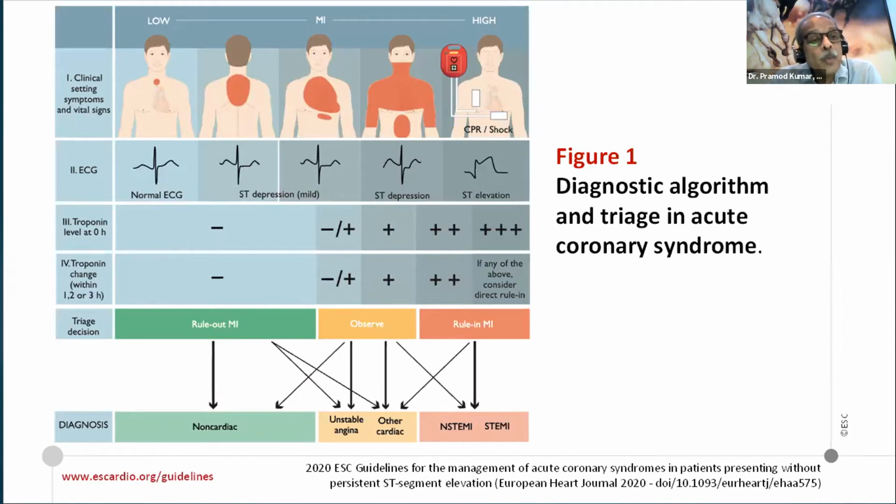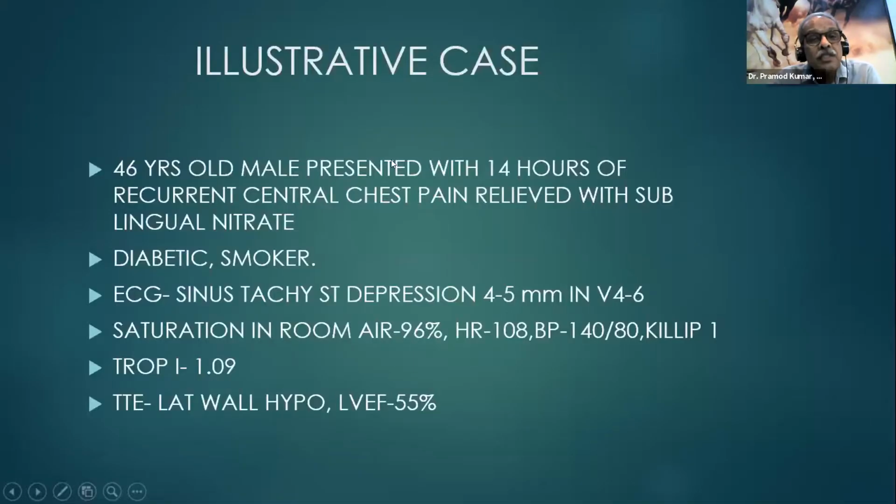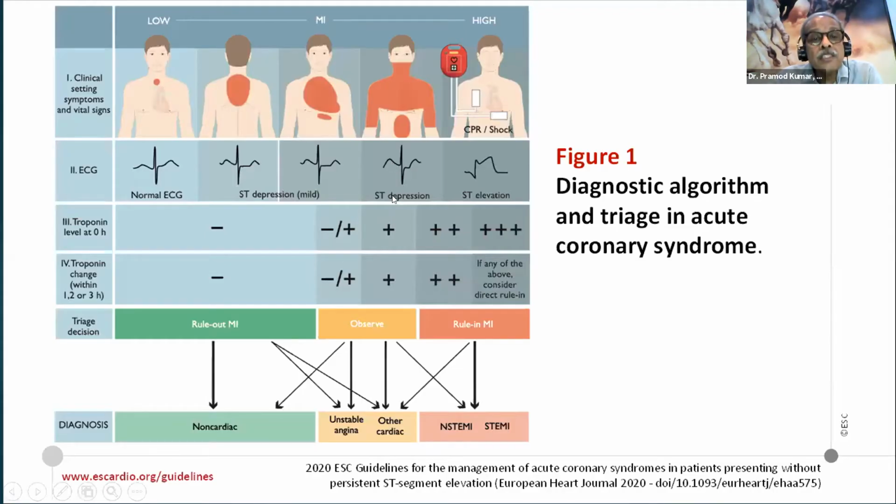You have to do it at the time of presentation, which we call the 0 hour, then repeat it after 1 hour, and then after 2 and 3 hours. That helps you in making a diagnosis of NSTEMI or STEMI, or you rule it out. So this is what you see here: ECG changes, and then the troponin is rising.